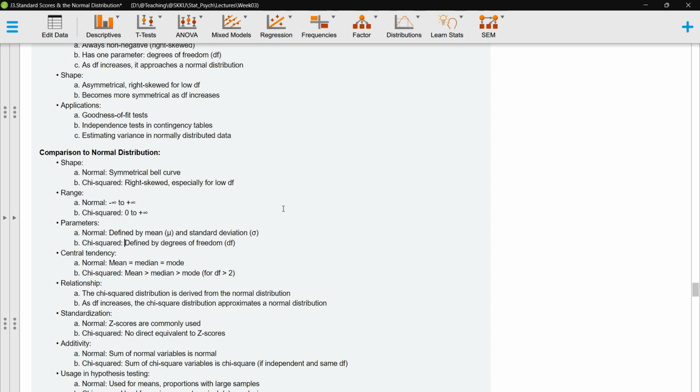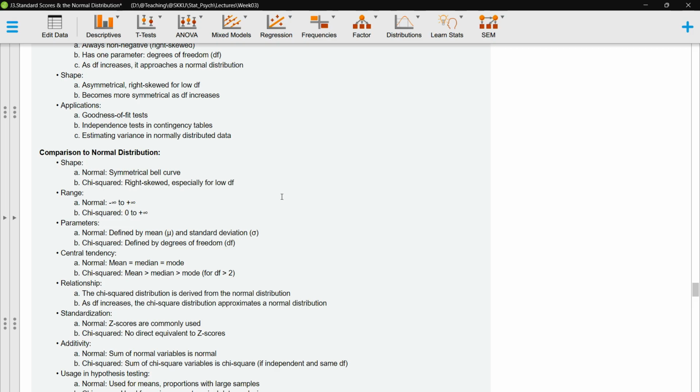Okay, and for the central tendency, in the case of the normal distribution, the mean, median, and mode are the same because they are perfectly symmetrical. But for the chi-square distribution, the mean is greater than the median, and the median is greater than the mode, always, because it is a right-tailed distribution.